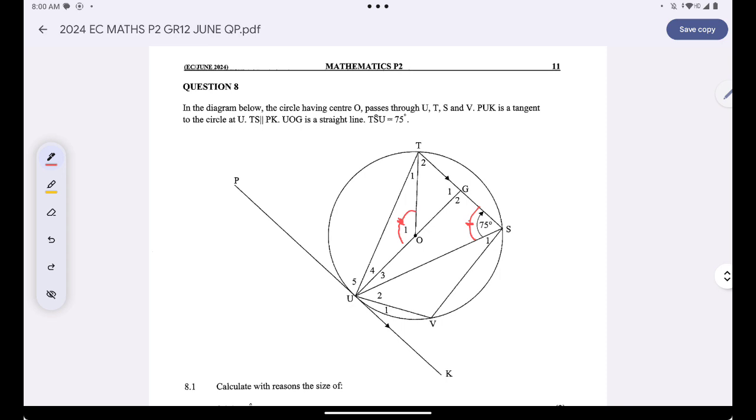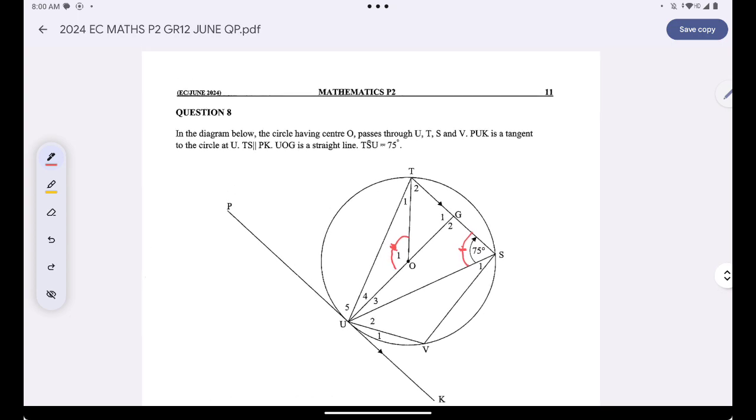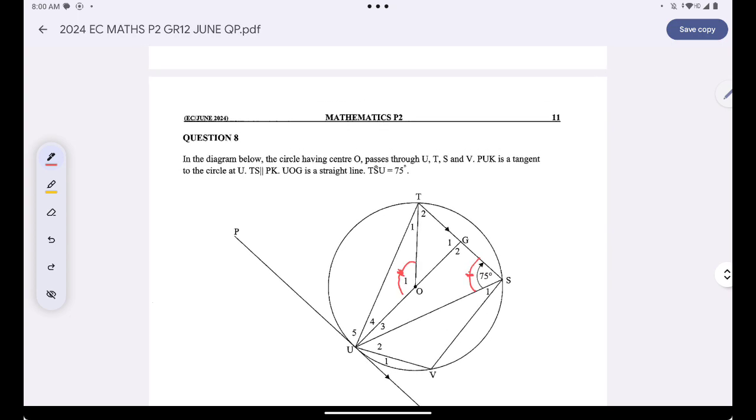Immediately when I'm told about the tangent, I need to consider two theorems in my mind. The first one states that the angle formed by the combination of a tangent and a radius is always 90 degrees. Why? Because a tangent and a radius are always perpendicular. The second one is the tan chord theorem.